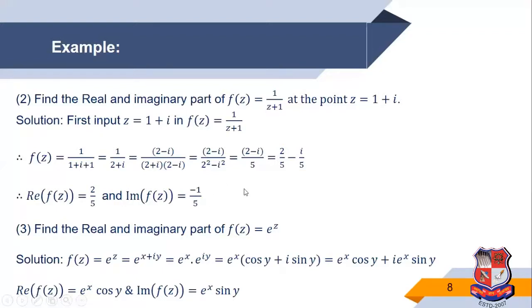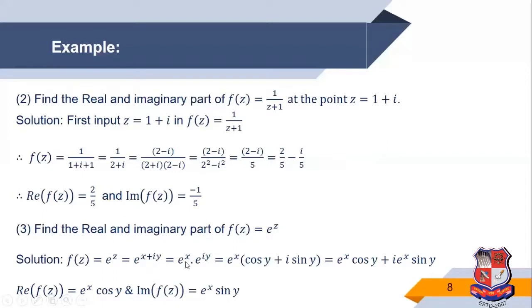Now another example, find the real and imaginary part of the function f(z) = e raised to z. So in this function e raised to z is nothing but e raised to z replaced with x + iy.